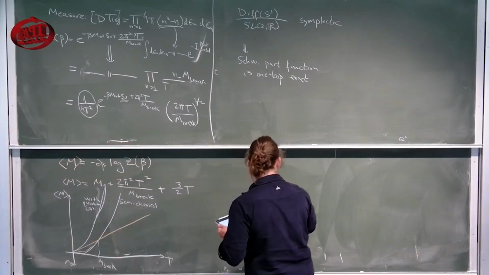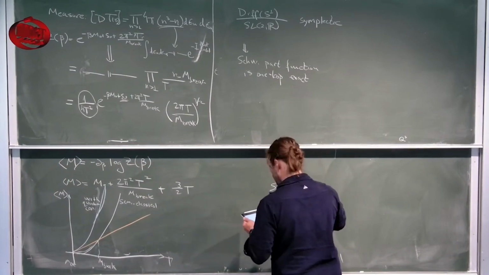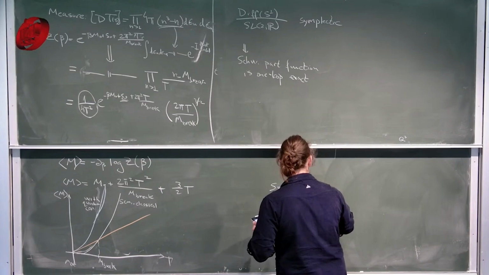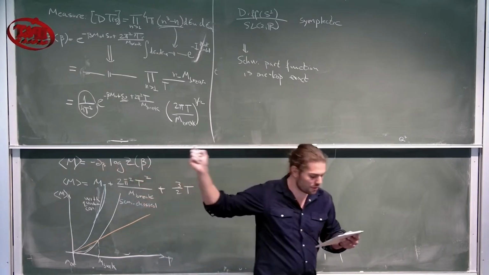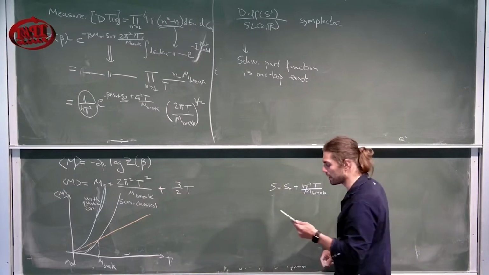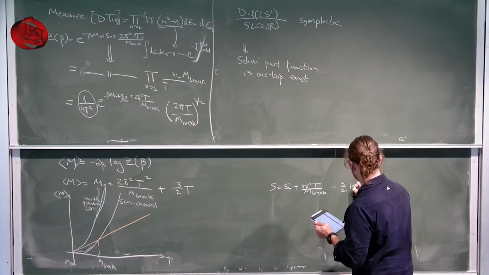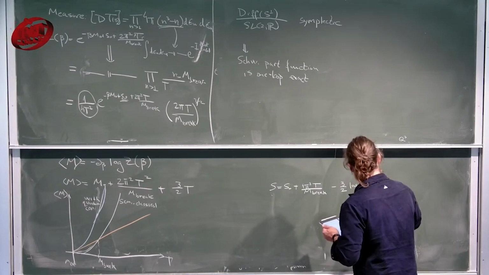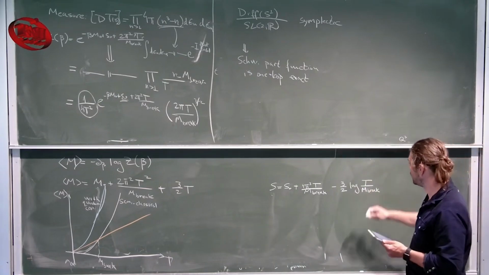The entropy is given by S0 plus 4 pi squared T over M break. This was the semi-classical answer, but the entropy I'm just computing using the related thermodynamic formula, plus 3/2 log T over M break.